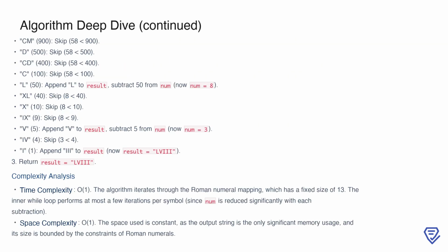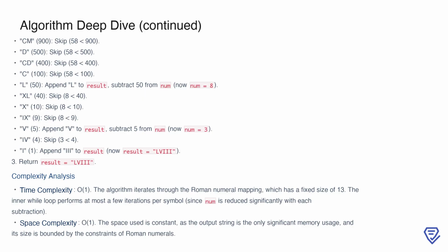Let's walk through an example to see the algorithm in action. Suppose the input is 58. We start with result as an empty string and number set to 58. As we iterate through the mapping, we skip symbols like M, CM, D, CD, and C, as their values are greater than 58. When we reach L, which represents 50, we append it to result and subtract 50 from number, leaving number as 8.